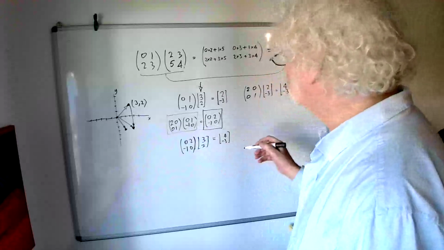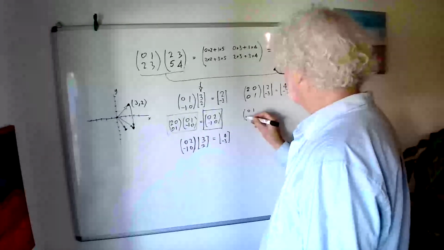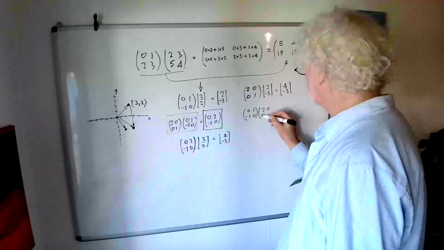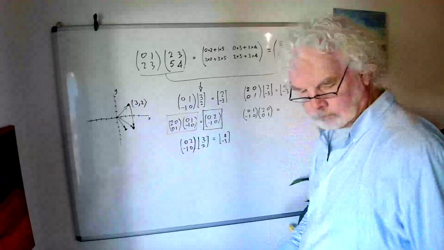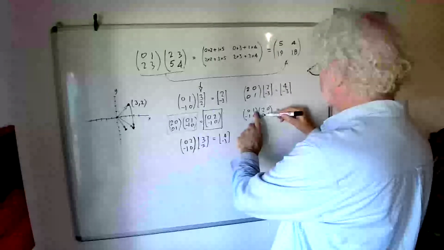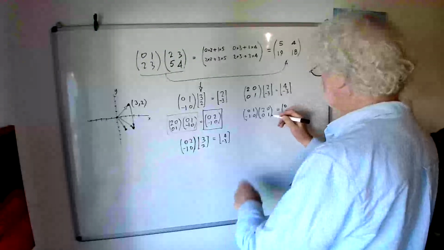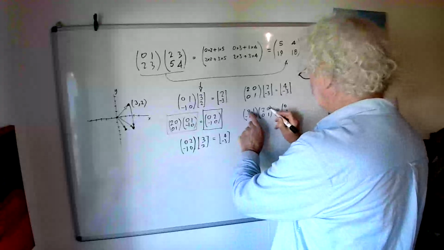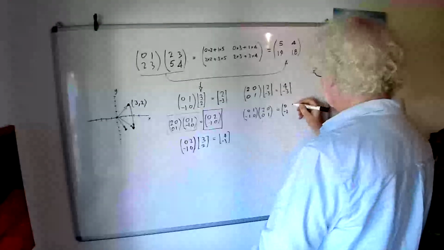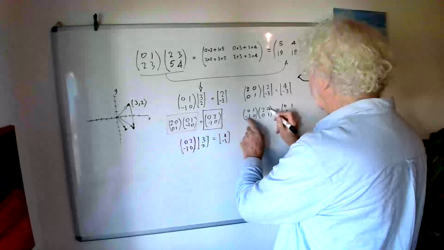What happens if I multiply them in the wrong order, in the other order? Naught, minus 2, naught, 1, 1, naught, naught.